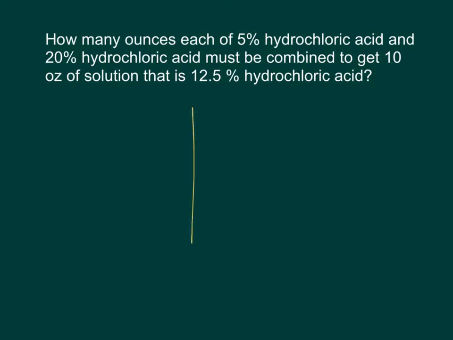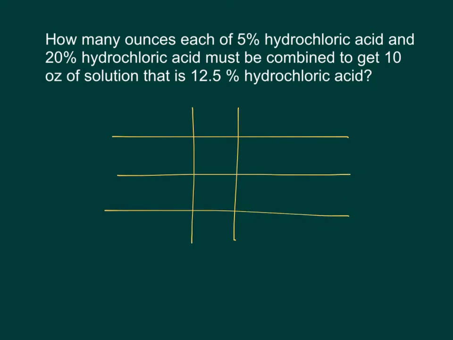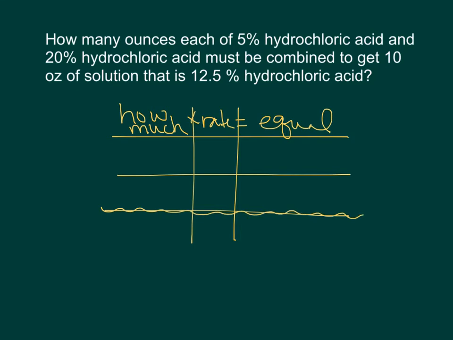If you remember from that graph that we drew way back in Unit 2, you'll remember that this is the how much column times the rate column equals the equal column. You'll also remember that below this bottom line is our ideal percentage, or our ideal rate.